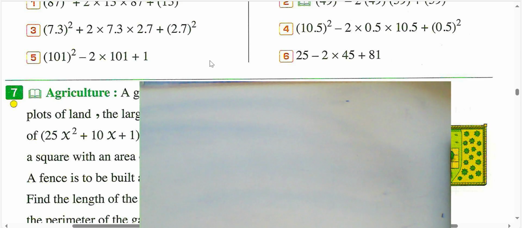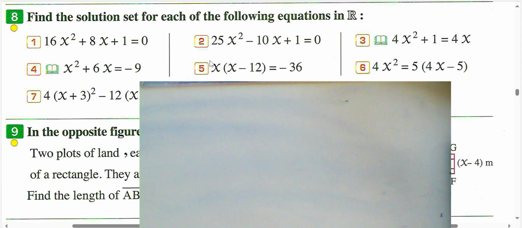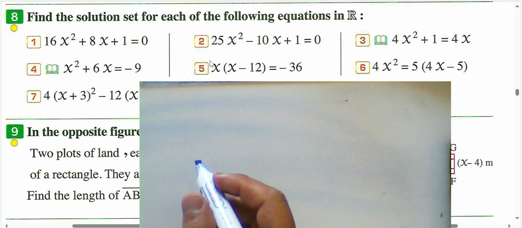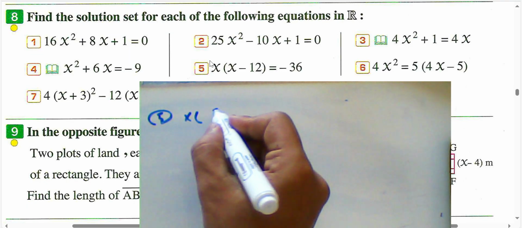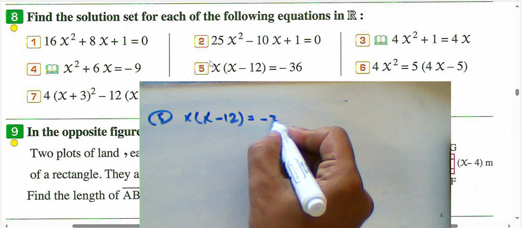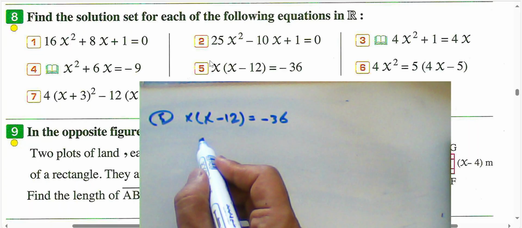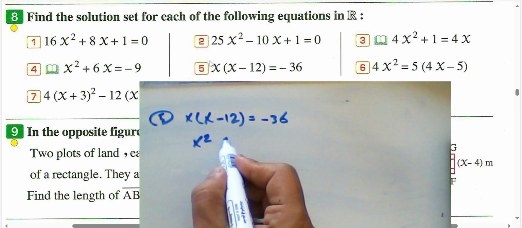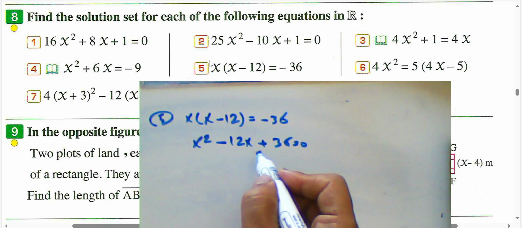Next question. Find the solution set of this equation. Question number 5: x times x minus 12 equals negative 36. Using the distributive property, x times x equals x power 2, 12 times x equals 12x, and then move 36 to the left hand side.